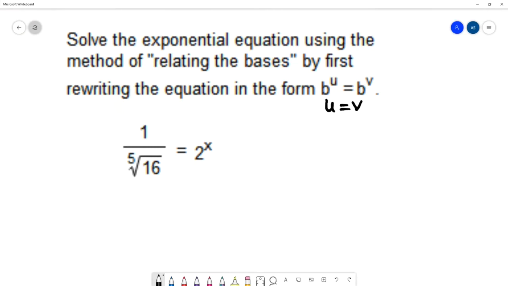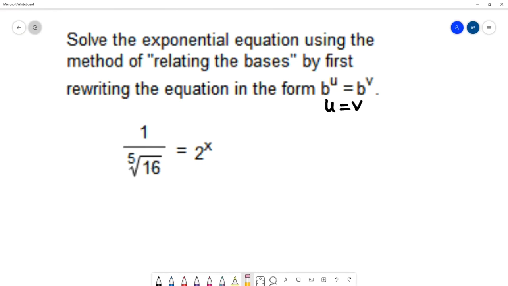So we want to do that with this example, 1 over the 5th root of 16 equals 2 to the x. So we want to rewrite it so the bases are the same on both sides. We have a base of 2 on the right-hand side, which clues me in to maybe trying to make the left-hand side have a base of 2.